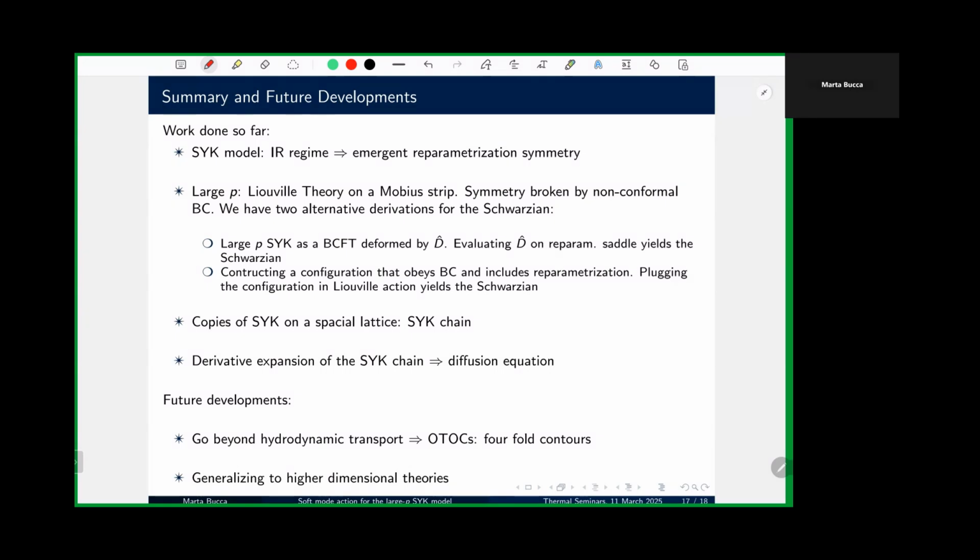From here, we built the SYK chain by putting copies of your SYK model on a spatial lattice. And finally, by considering a derivative expansion of the SYK chain, we studied the hydrodynamics regime of the chain, and we were able to recover the diffusion equation.